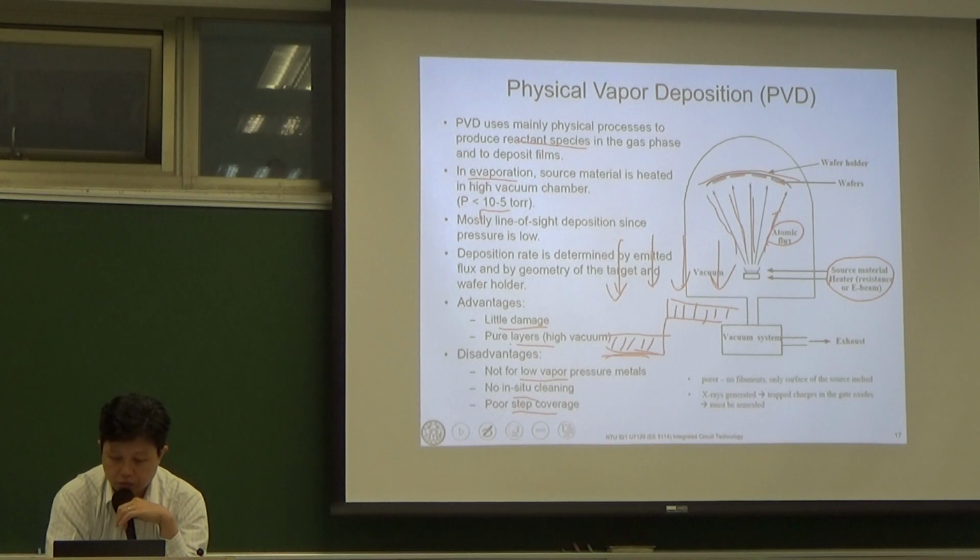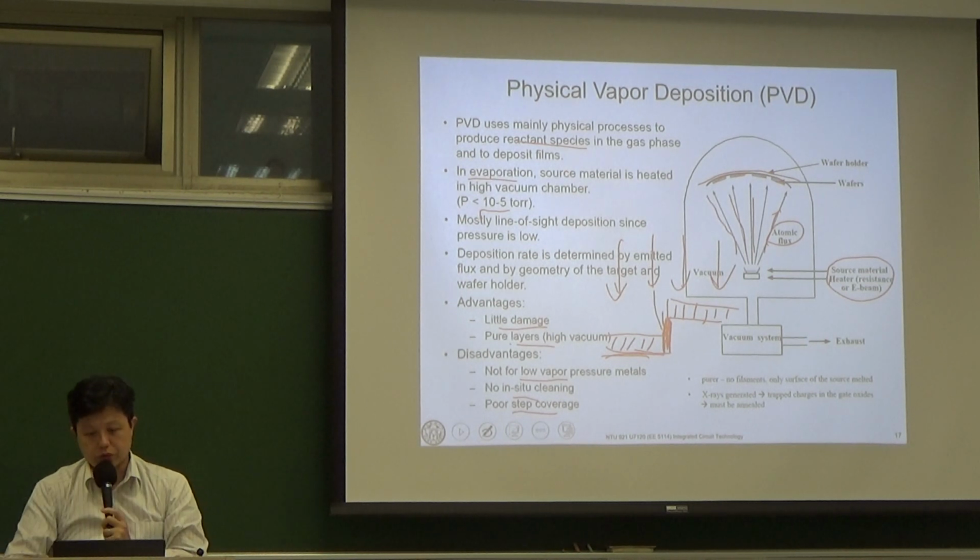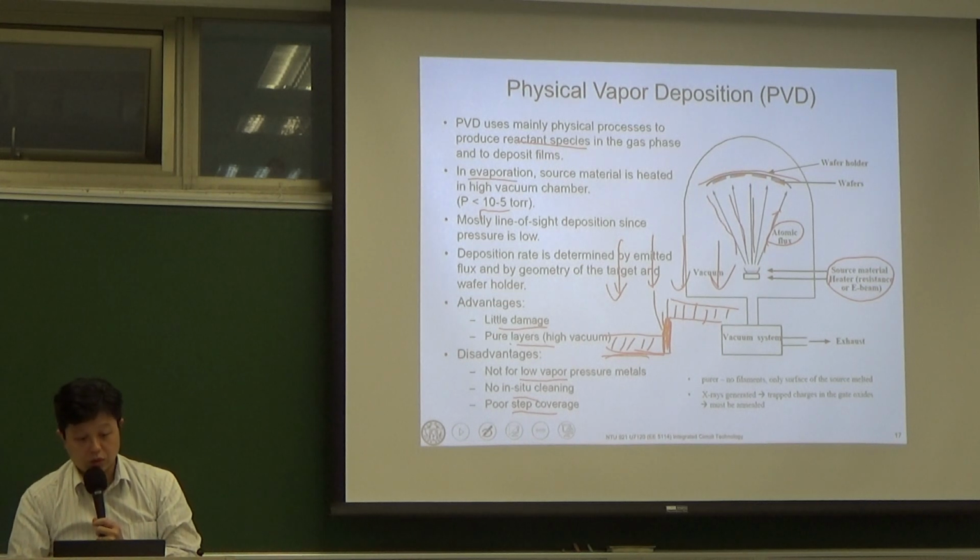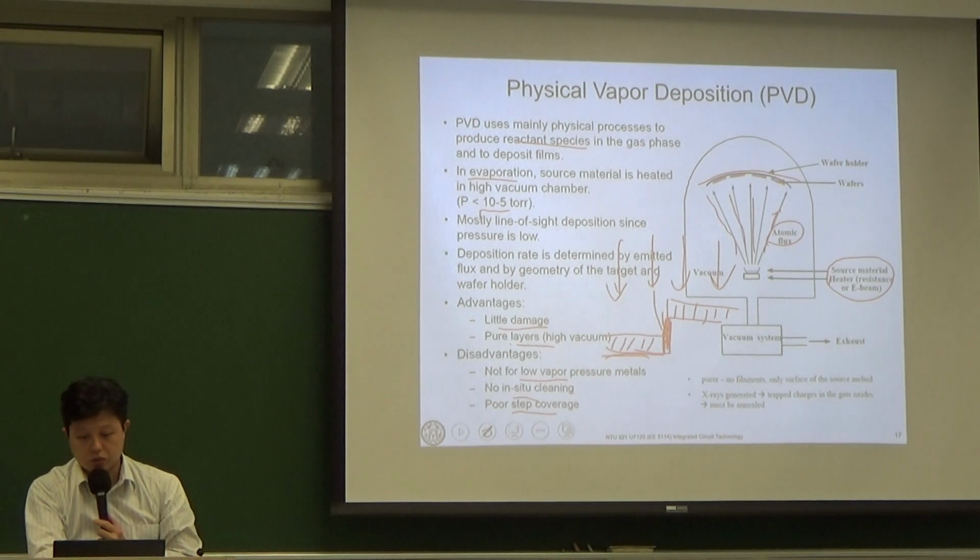If this slope is close to 90 degrees, you have very little material deposited on the sidewall. So it gives you very poor step coverage compared to CVD.